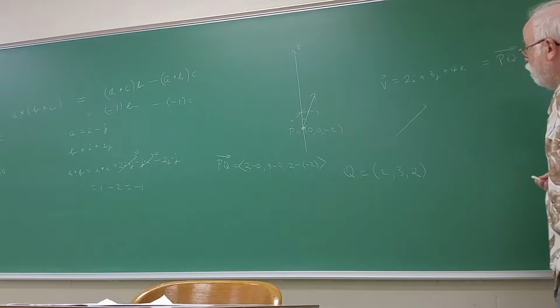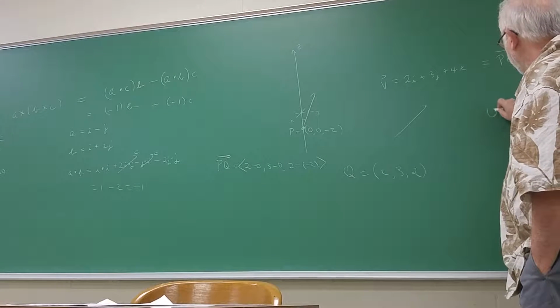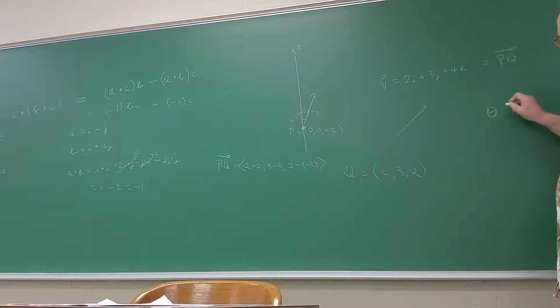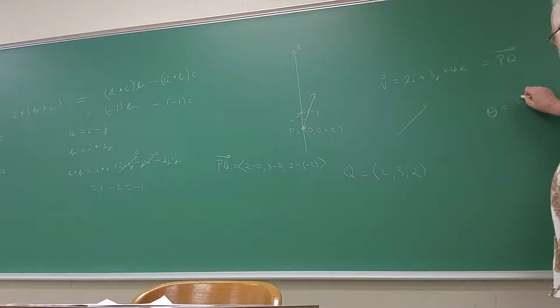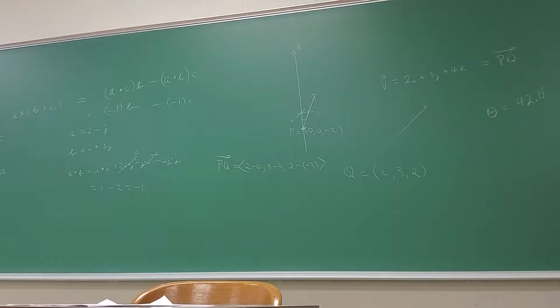Anyhow, what answer did we get for theta? 42. 42 on those. Not everybody had their calculator set to degrees, so if you got a very small angle, then your calculator must have been in radians.